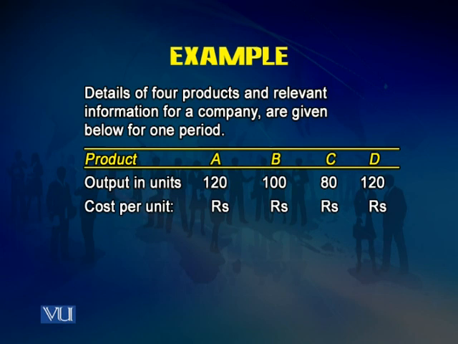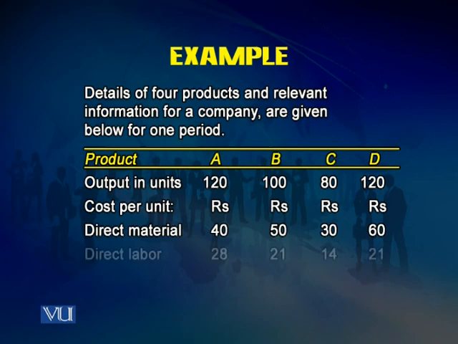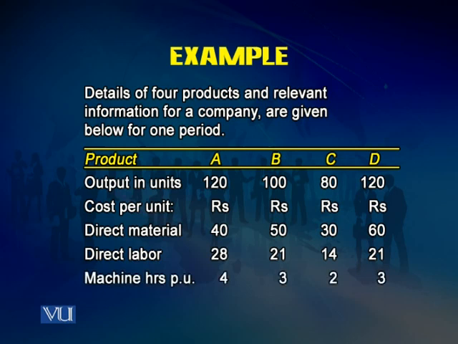Cost per unit is shown as direct materials 40, 50, 30, and 60. Direct labor of 28 for A, 21 for B, 14 for C, and 21 for D. Machine hours per unit are 4 in A, 3 in B, 2 in C, and 3 in D.